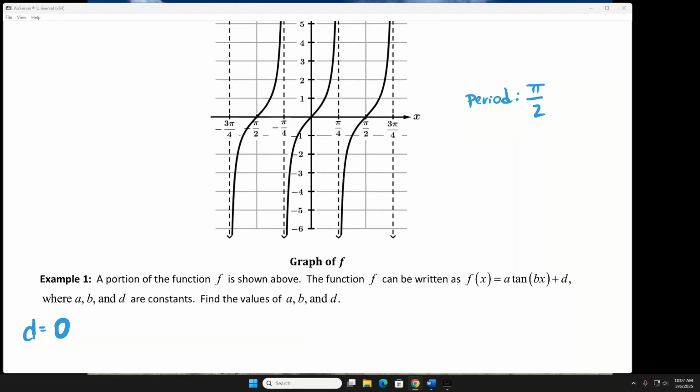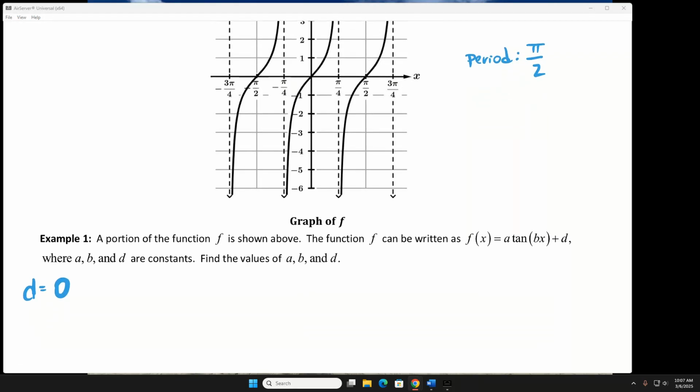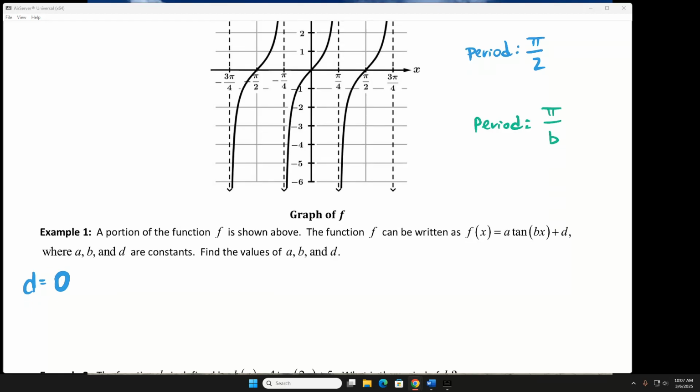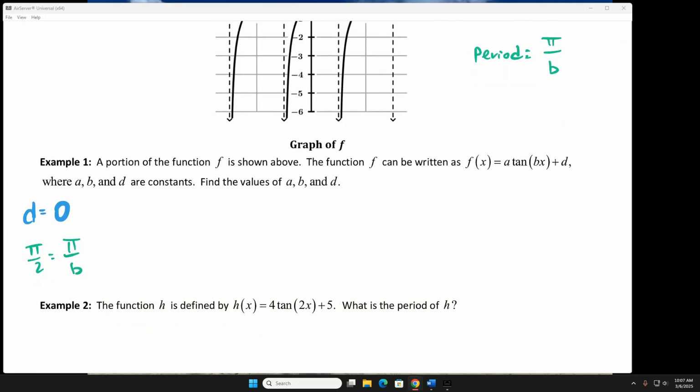Whenever we want to find B for tangent, we take the period and set it equal to pi over B. So when I write it like that, this one is kind of obvious. If pi over 2 is equal to pi over B, then what's B?